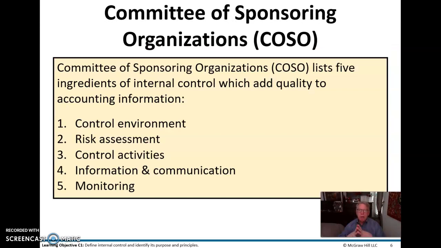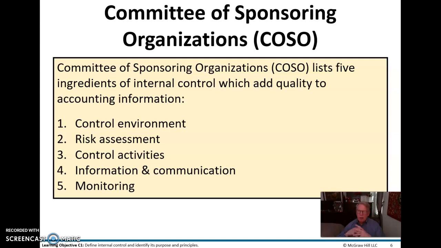Okay, so the Committee of Sponsoring Organizations, the COSO, lists five ingredients of internal control, which add quality to the accounting information. We have to have a good control environment. We've gone through and assessed where we have risk, and the higher the risk that we have, the more we look to control those activities in a way that adds quality to our accounting information.